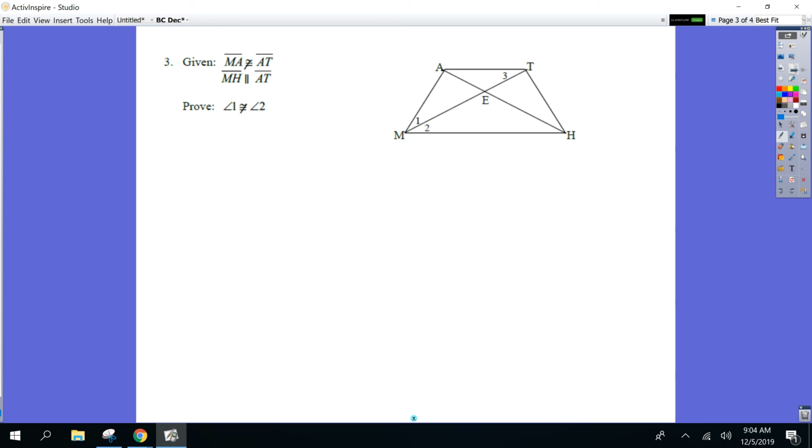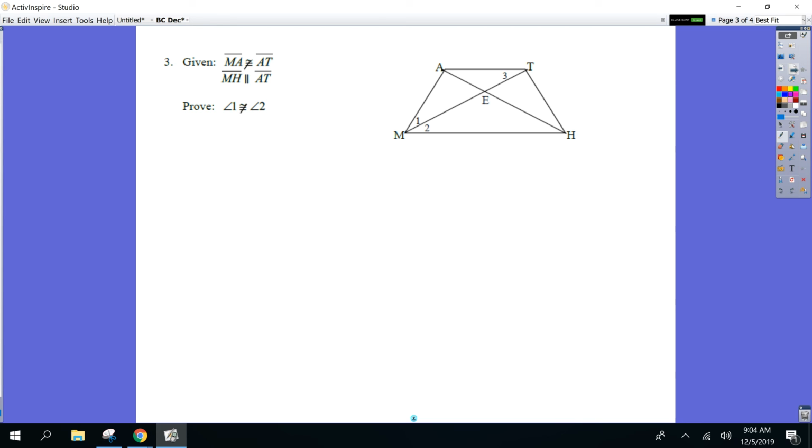Out of the two givens, which one are you going to contradict? You're going to try to get MA equal to AT, right? I'll just give you a quick hint so you don't get frustrated. You will not be proving triangles congruent in this one. You'll be finding MA congruent to AT a different way. If you get stuck, let me know.